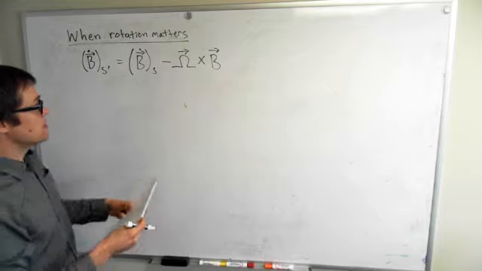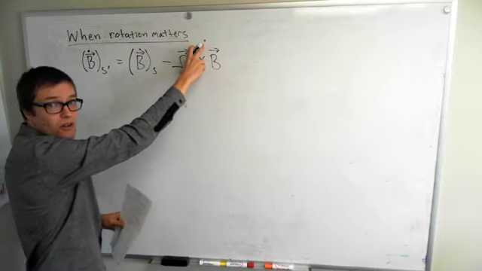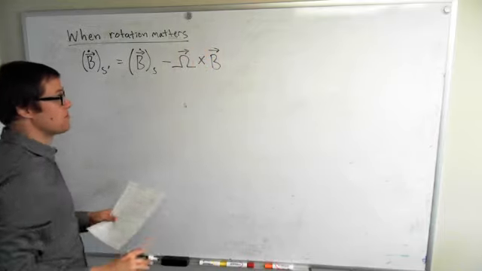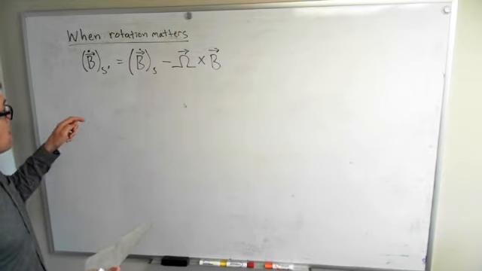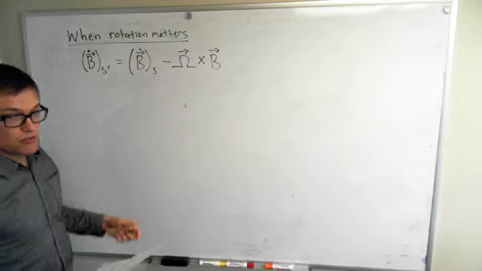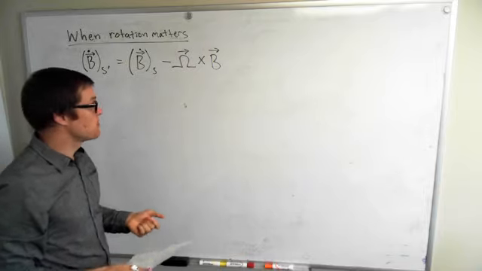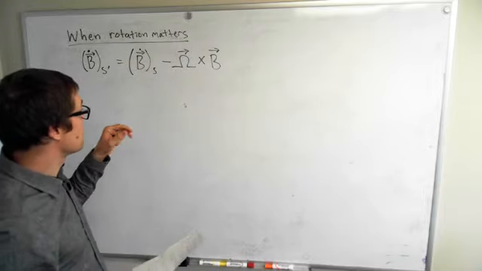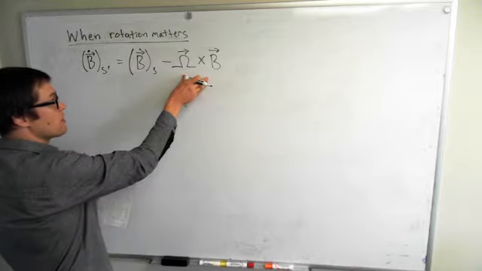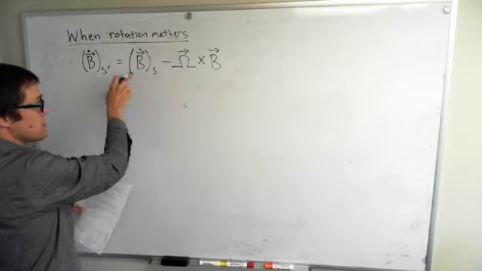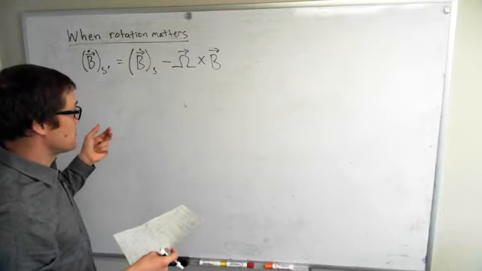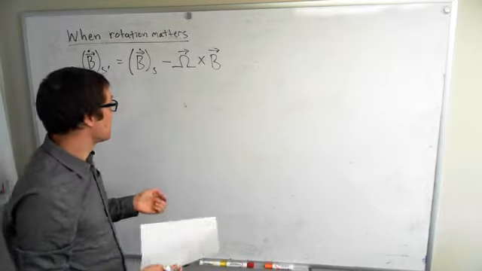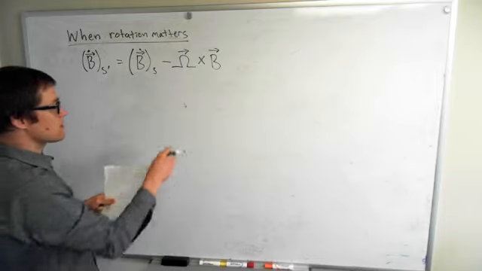So if this term is sufficiently small, then the time derivatives of two vectors are essentially the same in the two different reference frames. In other words, if this is small enough, we can neglect it and say that the physics and the equations of motion will be roughly the same in the two reference frames. So let's think about that.